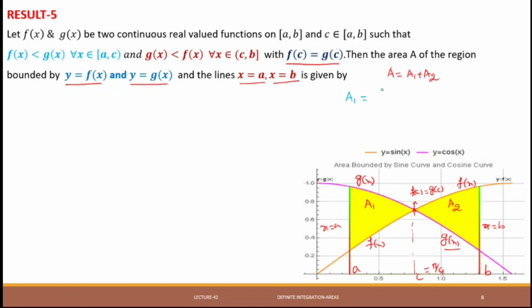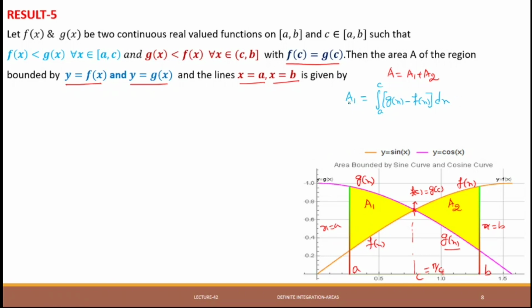Now by result 4, I can write this area as integral a to c g of x minus f of x into dx, because g of x lies above the graph of f of x.